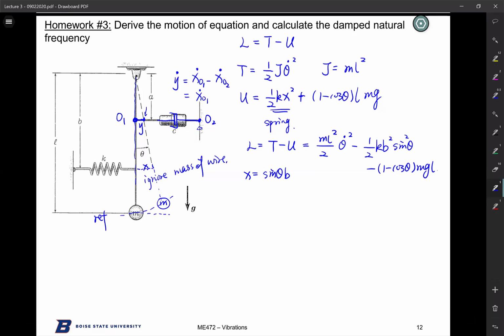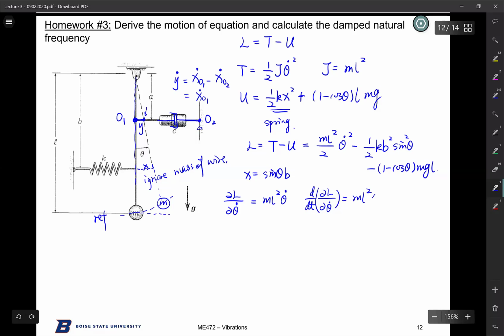And then let's go back to Lagrange's method. We need to calculate partial derivatives with respect to velocity, and that gives you mL squared theta dot. Then we need to calculate one more time derivative of this partial derivative. So single dot becomes double dot, which means velocity becomes acceleration. And we have to calculate the partial derivative with respect to position. That gives us minus kb squared sine theta cosine theta for this term.